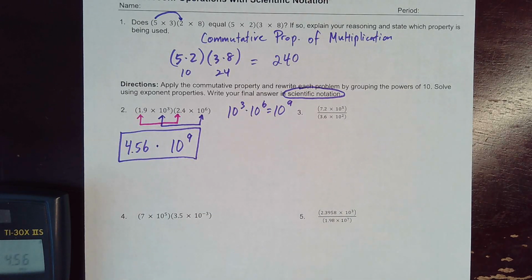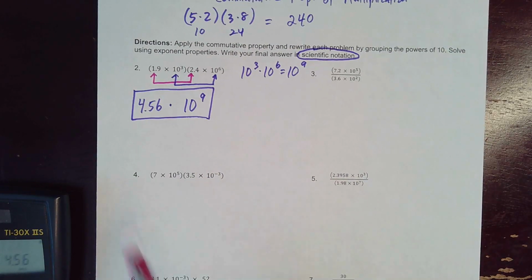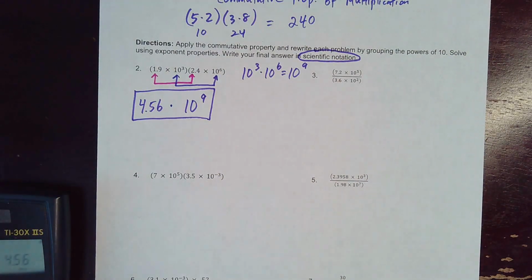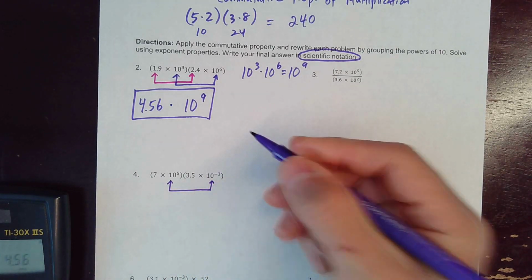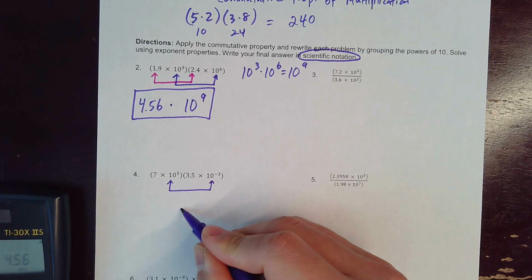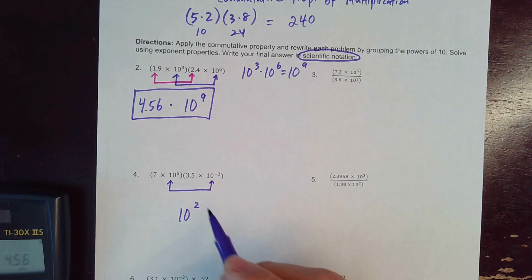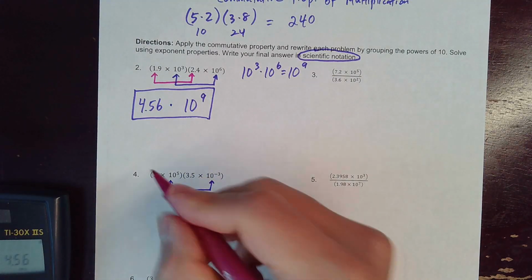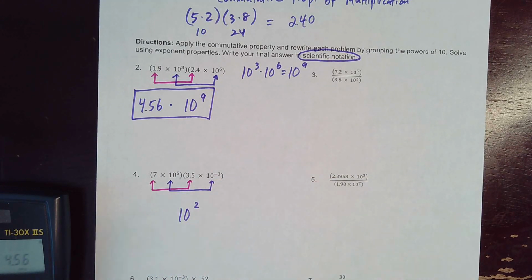Okay, let's try another multiplication one before we dive into the division. Let's try number 4. So step 1, identify your placeholders. 10 to the 5th with 10 to the negative 3 is going to be 10 squared, the sum of 5 and negative 3. I know that 7 times 3.5 is my next step. You can do that in your head, but honestly, if we're allowing calculators, you might not want to risk the mental calculation.